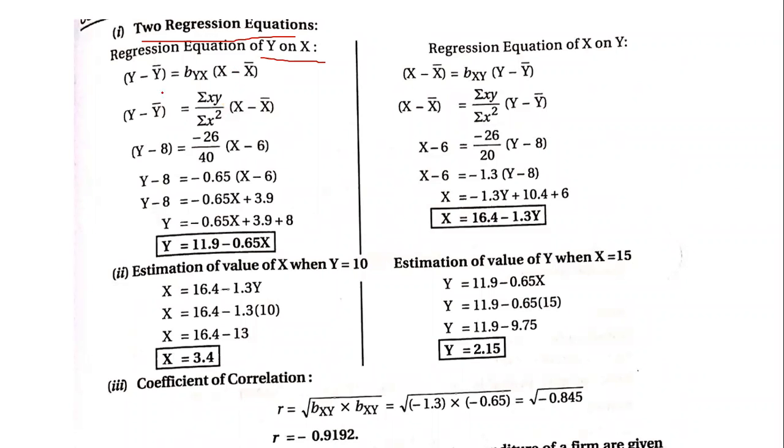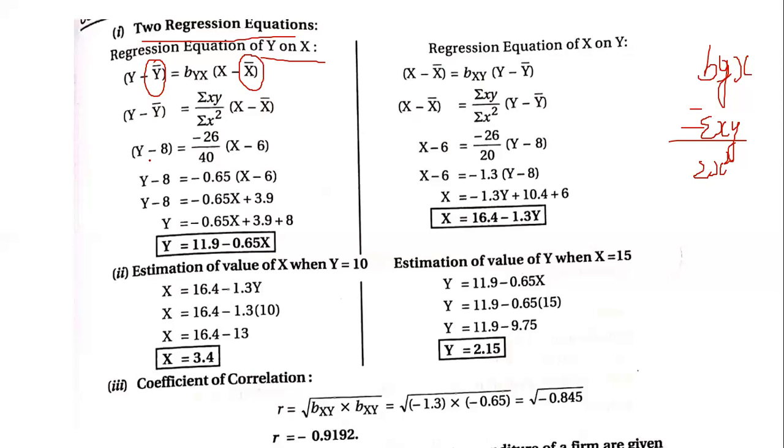We know what is y bar, we know what is x bar. To find the coefficient byx, we will be using the formula sigma xy by sigma x square, because we have the data given in the question.